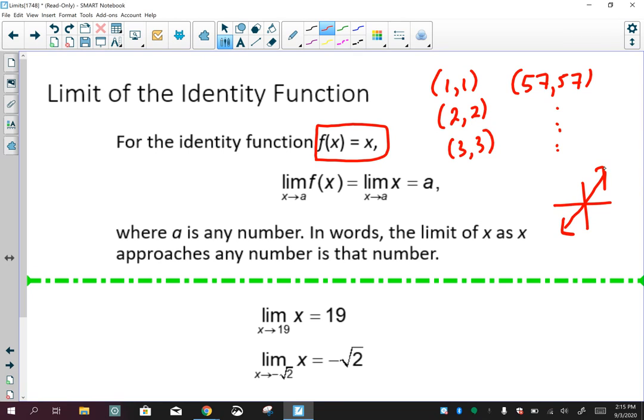And since I have my Y equals X line, everything is going to be the same. And that's why this piece here is always going to hold true. So if I ever ask you what's the function, and I give you a question mark right here where that X is supposed to be, the only thing that can fit in there is going to be an X value. Okay.